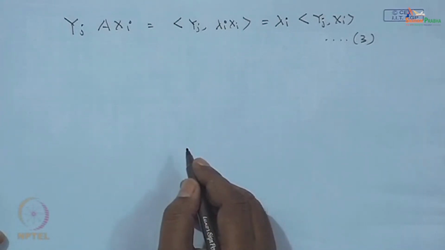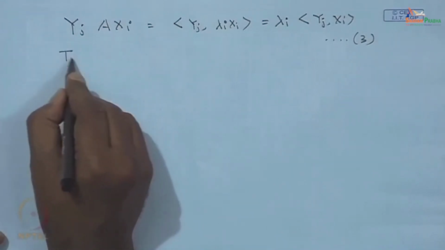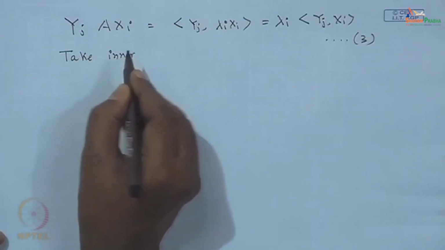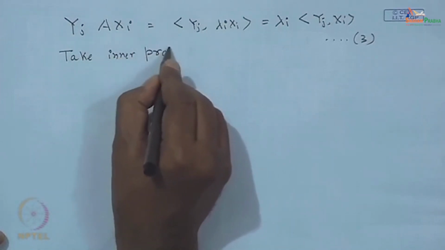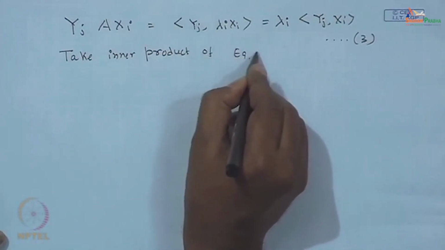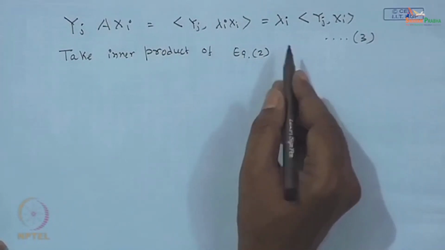Okay. So, next we will take the inner product of equation number 2, that is the eigenvalue problem of A transpose, with respect to x_i.